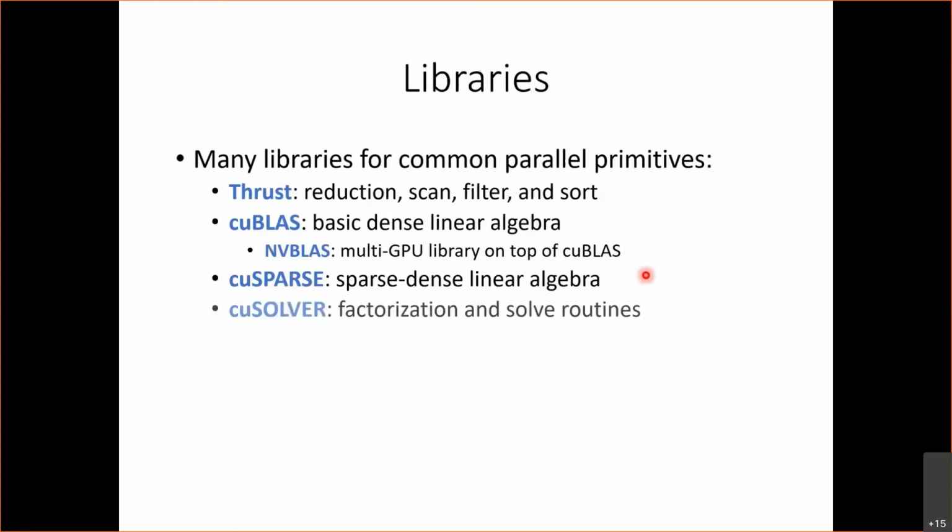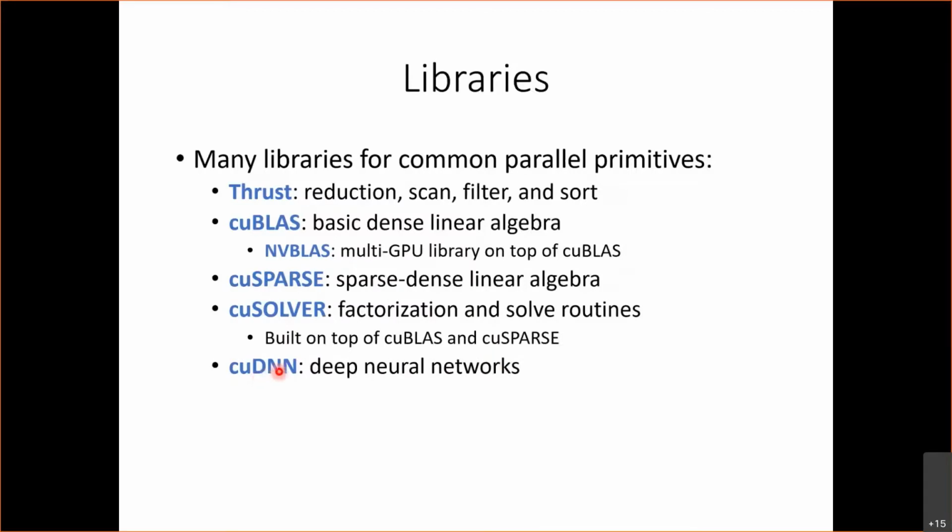Another one is cuSOLVER. cuSOLVER is useful for factorization and solve routines, so if we're doing matrix factorization, and cuSOLVER is actually built on top of cuBLAS and cuSPARSE. Another one is cuDNN, which is used in deep neural networks. It implements a lot of routines that are useful for deep neural networks.